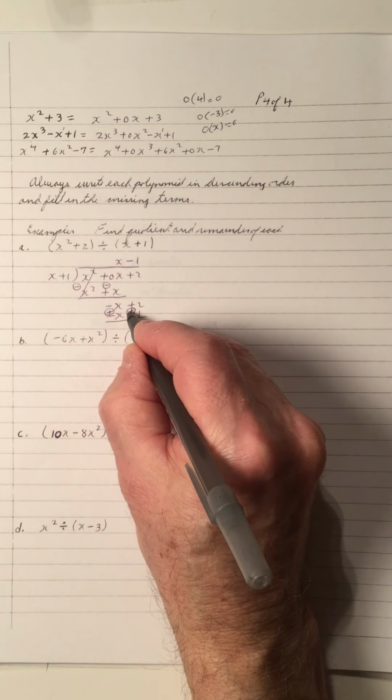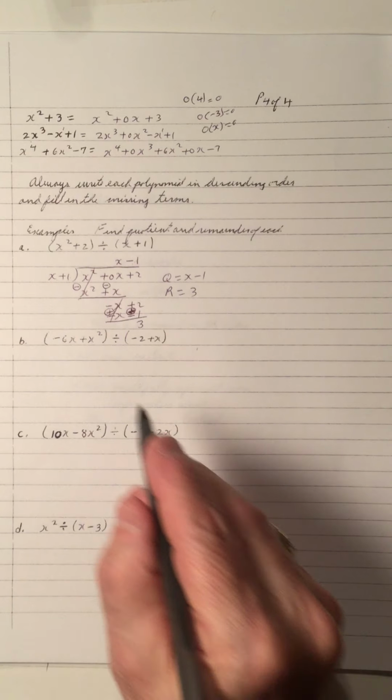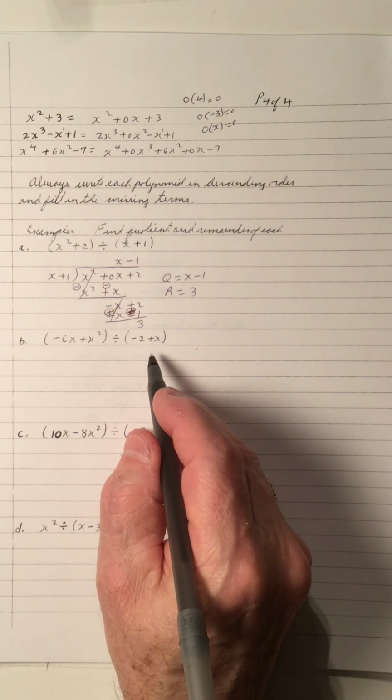Plus 2 plus 1, that's a plus 3. Remember, that was a negative, so that's a plus right there. And the quotient is at the top, which is x minus 1, and the remainder is at the bottom, which is 3.